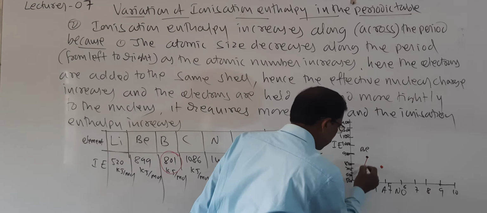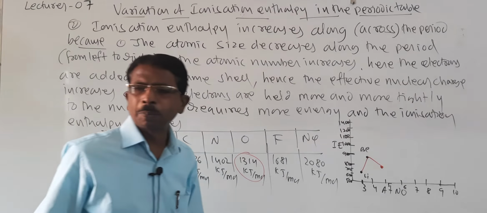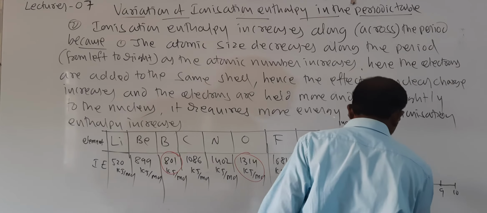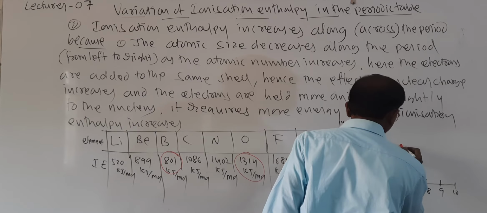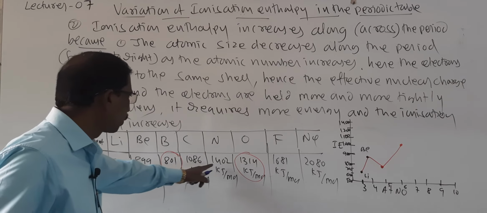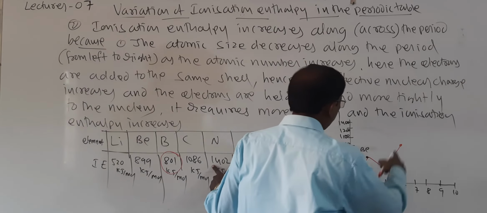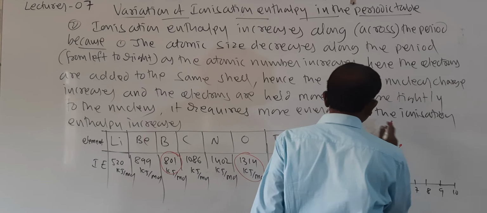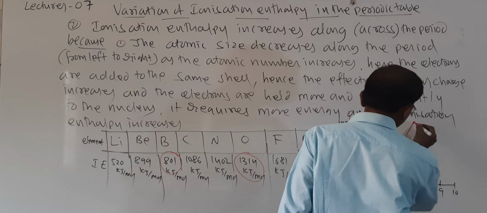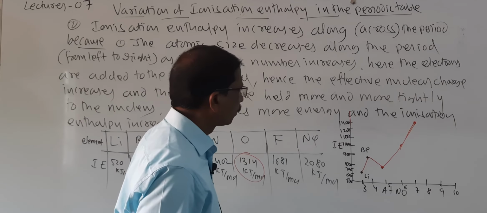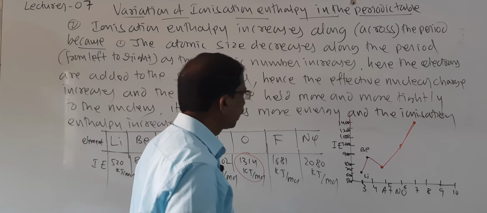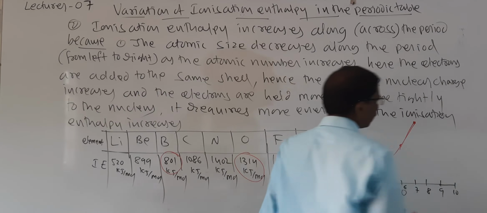801, it is like this, boron. And again carbon 6, so 1086, it comes here. And after carbon, you will get nitrogen 1402 here, 6, 7, 1402. And after this oxygen 8, it is 1314, it is somewhere here.